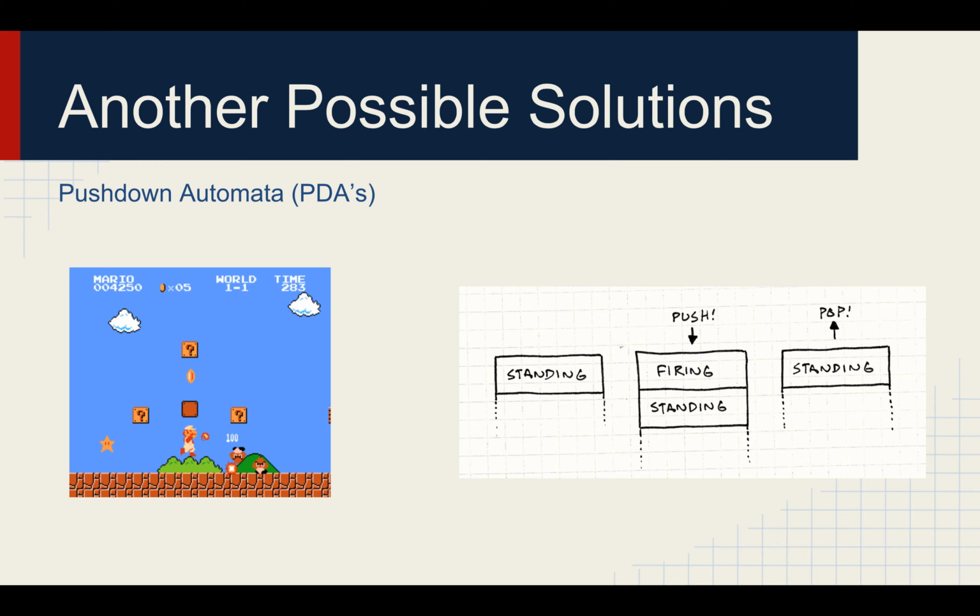Now, whenever he's done shooting the fireball, we need to return to the jumping state. And then when he lands, we can pop that jumping state into the standing state. So that history allows you to have a lot more functionality for your characters, for your games. And like I said, it's not just specific to a character.